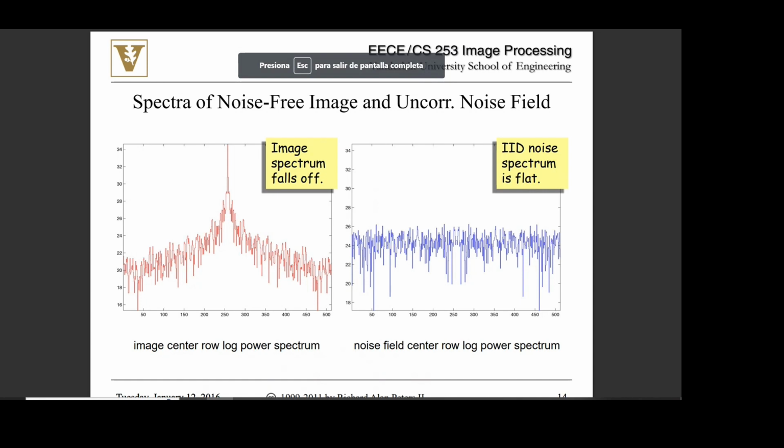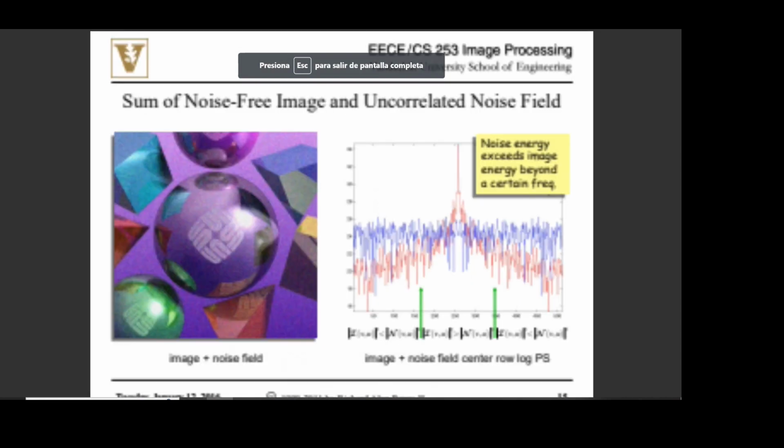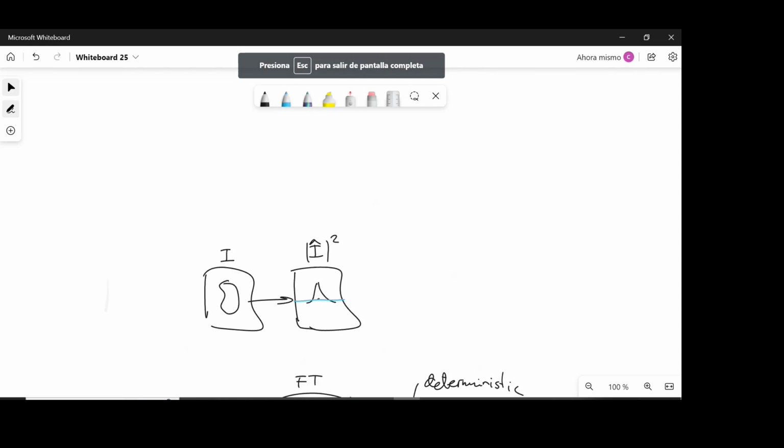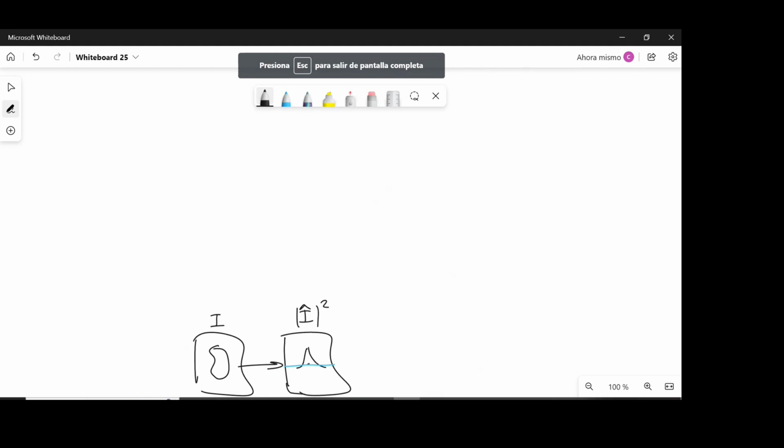This is the spectrum of the noise, and now we will overlap the two because this happens only for independent noise. So our model is that this is the ideal one plus noise. And this equation also holds in Fourier space. So in Fourier space, the power spectrum observed is the power spectrum of the ideal plus the power spectrum of the noise.